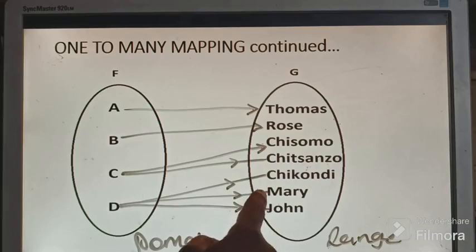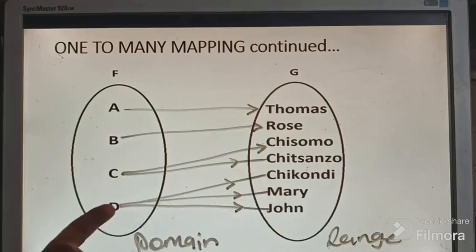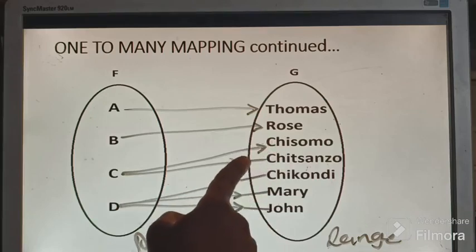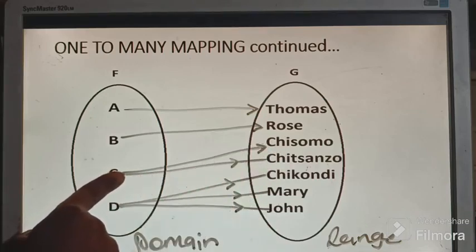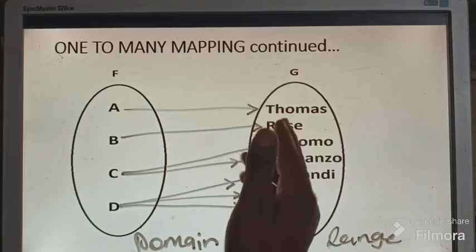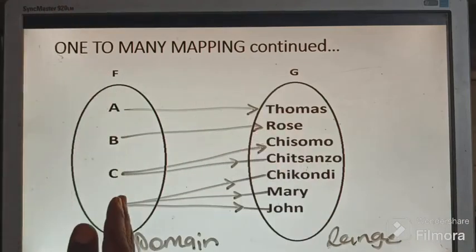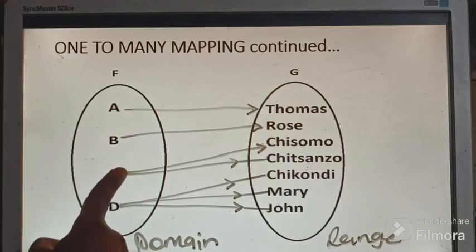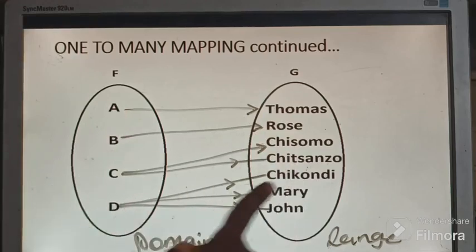We have this arrow and this arrow all converging at our element D, and we also have this arrow and this arrow converging at the element C. So many, one. If we want to pronounce the mapping, we always start with the domain. That's why it's called one to many, one to many, like that.